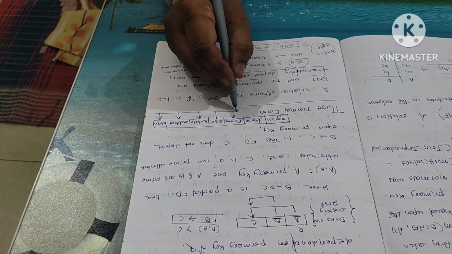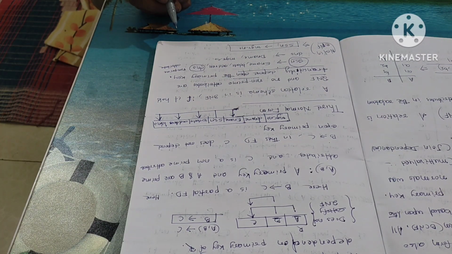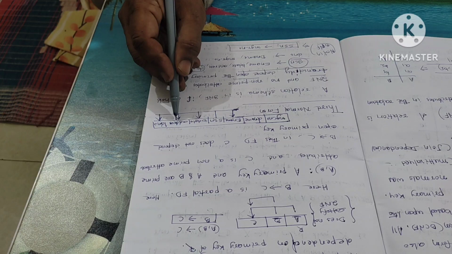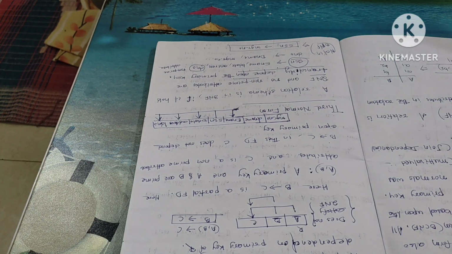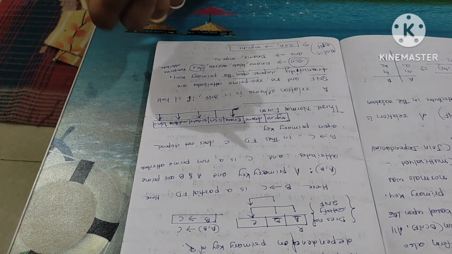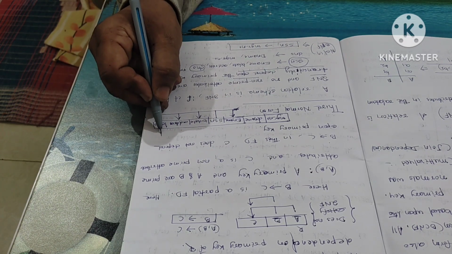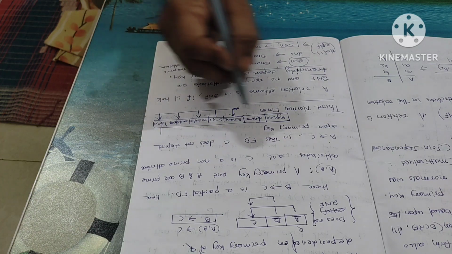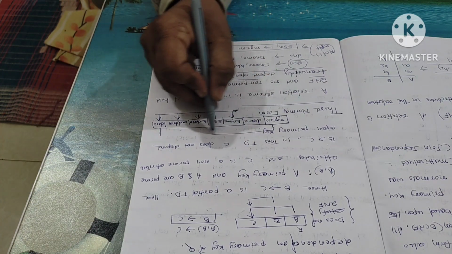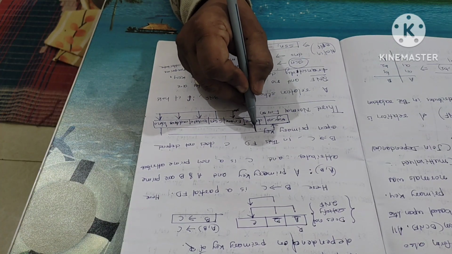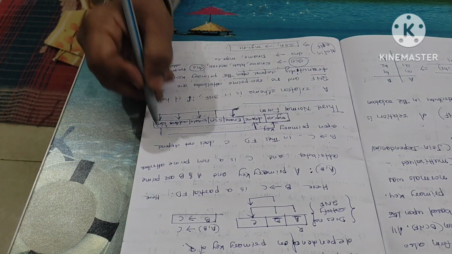So one of the functional dependencies holds good: SSN determines employee name, birth date, address, and department number. And another functional dependency determines manager number from department number.